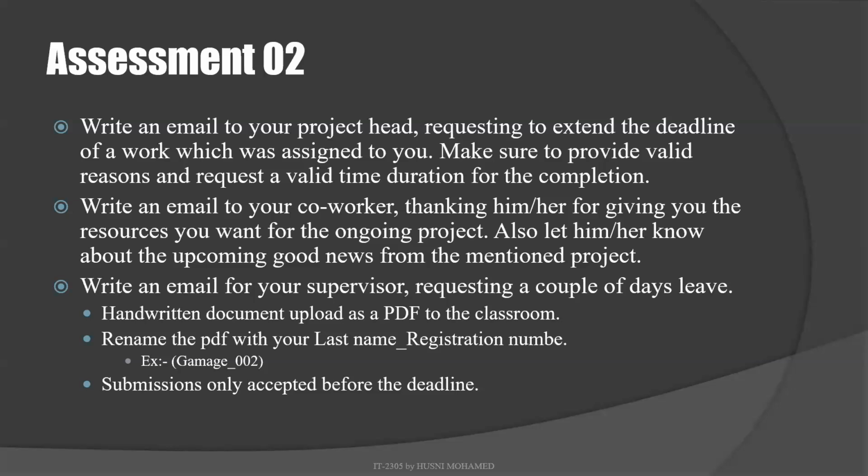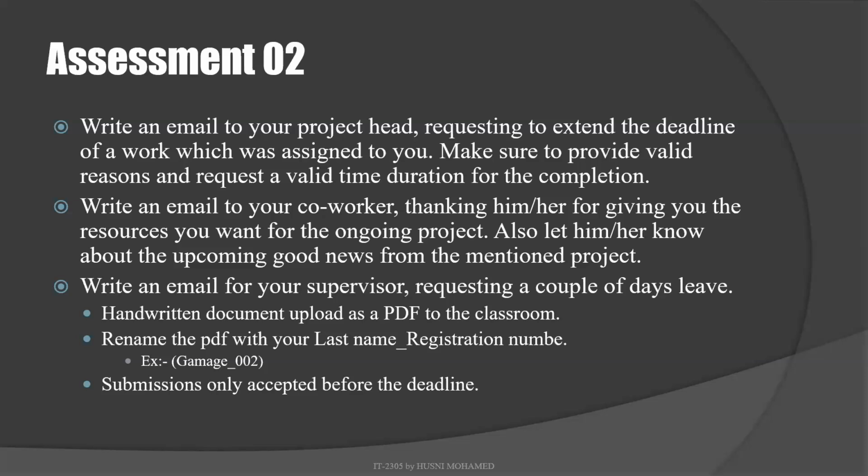The assessment 2, which is regarding email writing, is that you have to write 3 emails, right? All those 3 emails you have to write in a handwritten document, using your own handwriting, not soft copies, hard copies. Take an image of those hard copies, make it a PDF, and then upload it to the classroom, where I have assigned assessment 2.